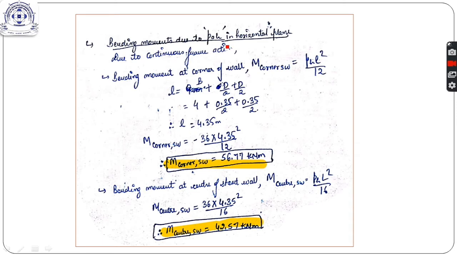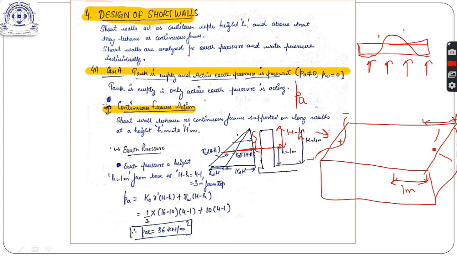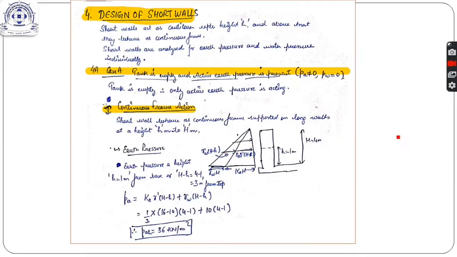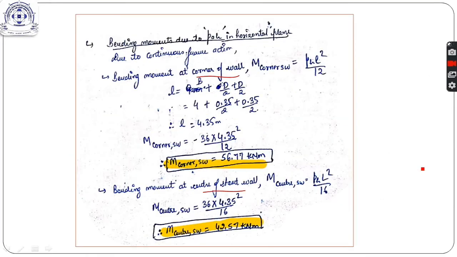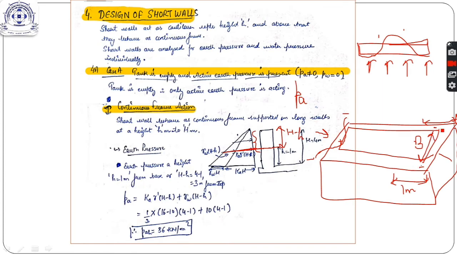So bending moments in the horizontal plane will be negative moment at the corner and positive moment at the center. At the corner the moment is given by PL square by 12, where L is the center to center distance, this is the inner length of your short wall B. So small l will be the center to center distance from here to here, that is B plus d by 2 plus d by 2. But you can take it to be B also, that is not a big issue.